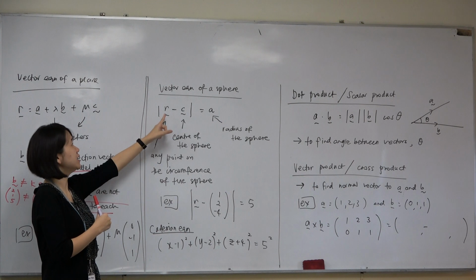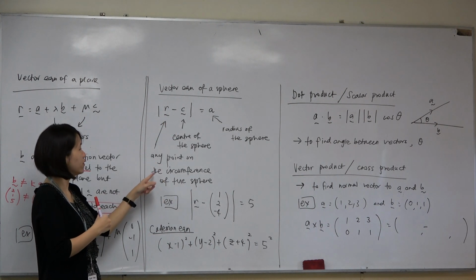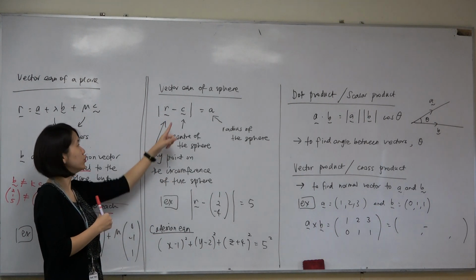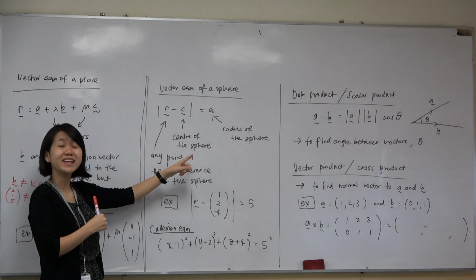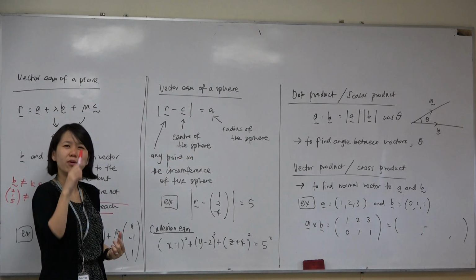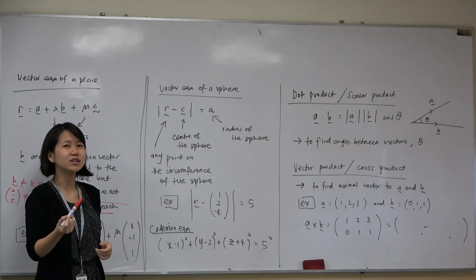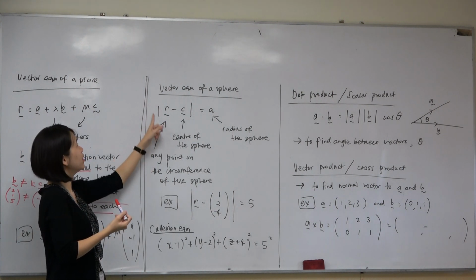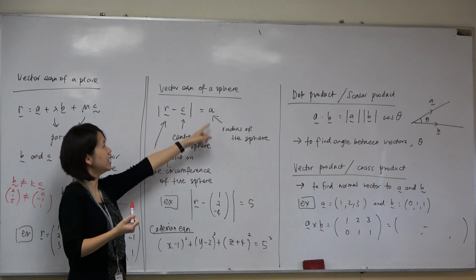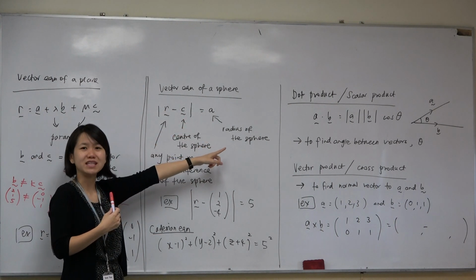It means the distance between any point on the surface of the sphere and the center of the sphere, right? And since it is the distance between a point on the surface of the sphere and the center, we are simply telling you the radius. Hence, modulus of r minus c equals a, and a in this case is the radius.